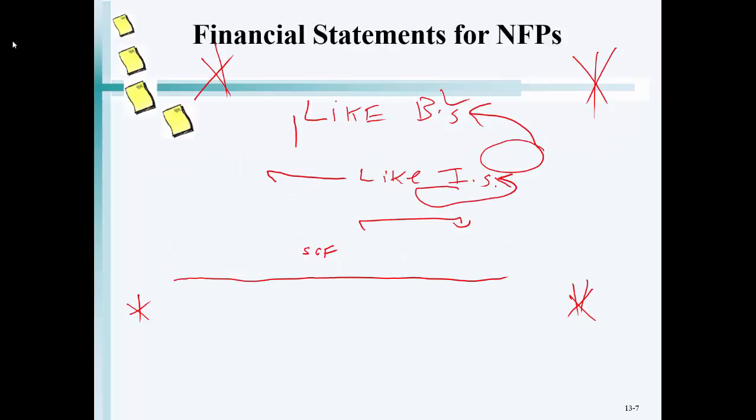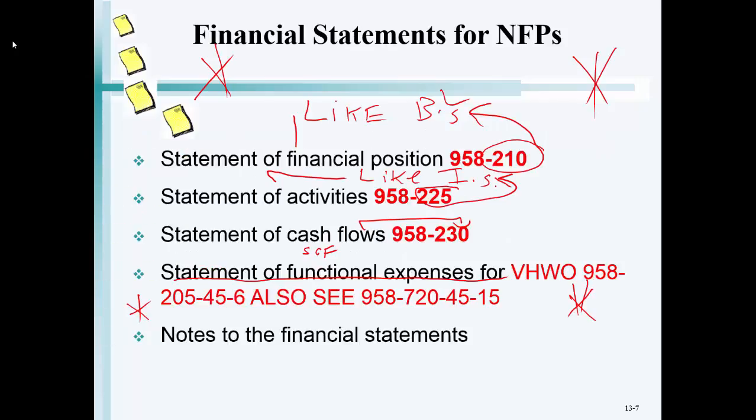Okay. Now you come over and you look at this slide here, and this slide lists the financial statements that are to be prepared by not-for-profit organizations. And you can see that you have the statement of financial position. Statement of financial position is like the balance sheet for these not-for-profit, but we call it statement of financial position.